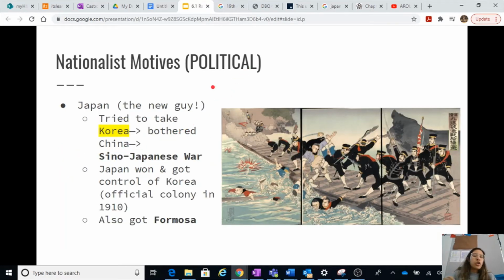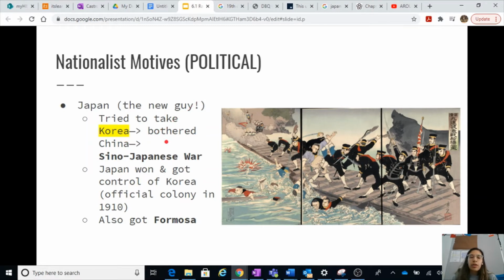And we've got a newcomer to the imperial game. It's going to be Japan. Remember, they modernized in the last chapter, so they industrialized. They got all these new weapons. They reformed their army, their school system, and they are ready to expand outward. So they're going to try to take Korea.